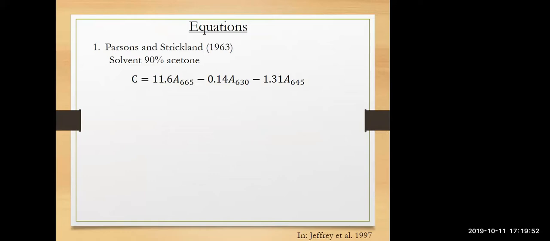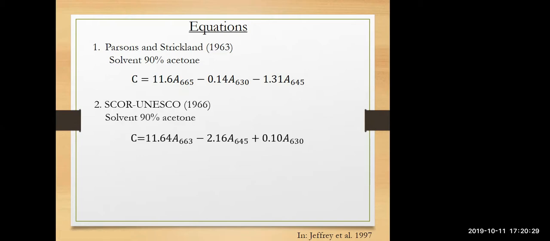After measuring the absorbance of the sample, we have to apply some equations to get to the chlorophyll-a concentration. One of them is the equation of Parsons and Strickland, based on the use of 90% acetone as solvent. You can see that we take into account the absorbance of the sample at 665, 630, and 645 nanometers.